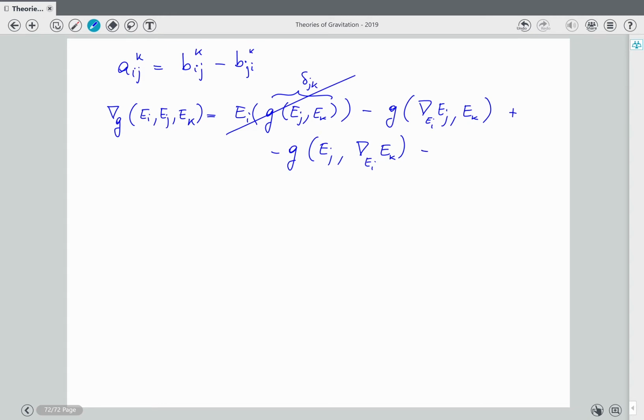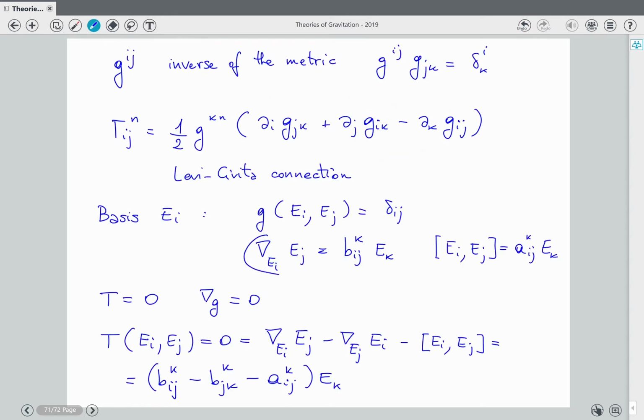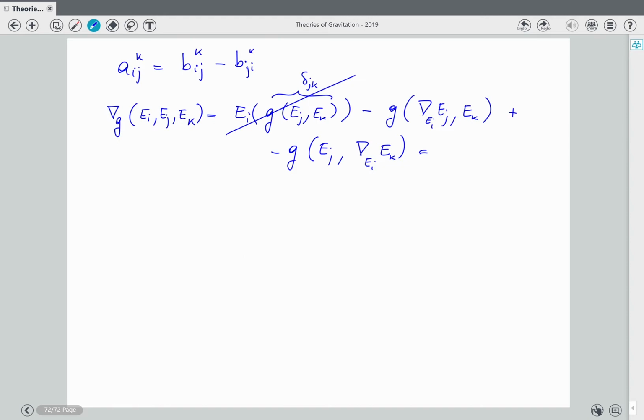And in the other cases, we just apply the definitions here, which introduce these coefficients B. So we remain with minus g of B, not gamma, it's called B, e_j, k, let's say L or M, e_m, e_k, minus g of e_j, and then B_ikm e_m.